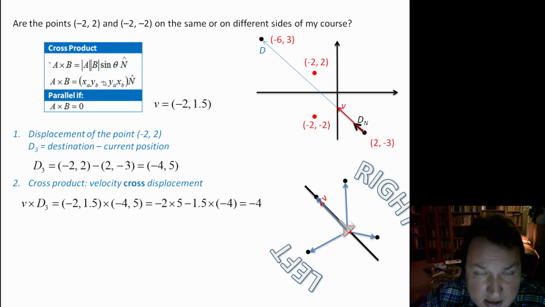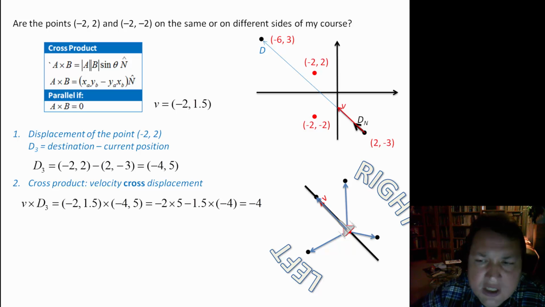Minus, it's not plus like in the dot product, in the cross product it's minus. So minus internal numbers, 1.5 times -4, it's here. The result is -10, minus and minus gives plus, so it's -10 plus 6, it's -4.